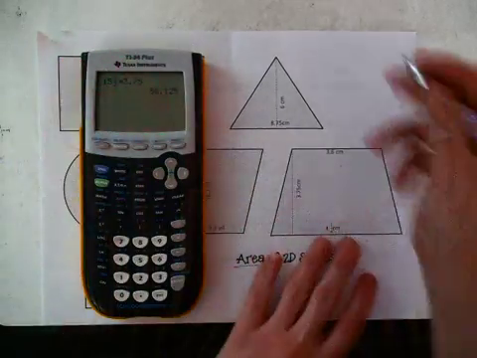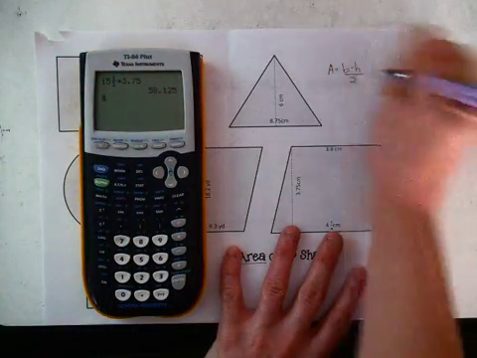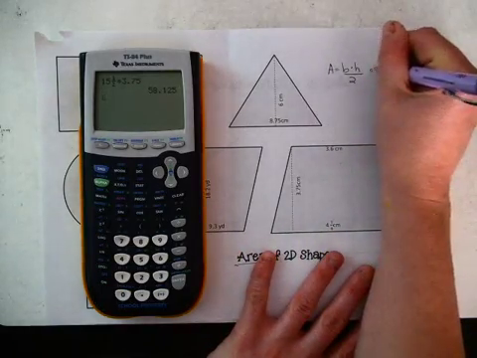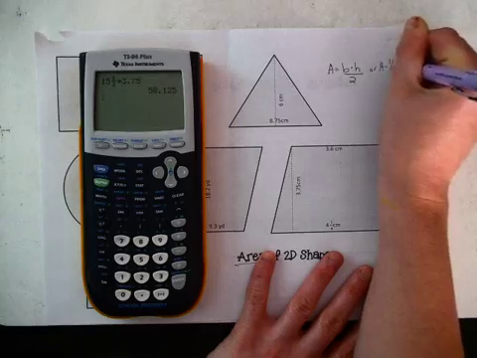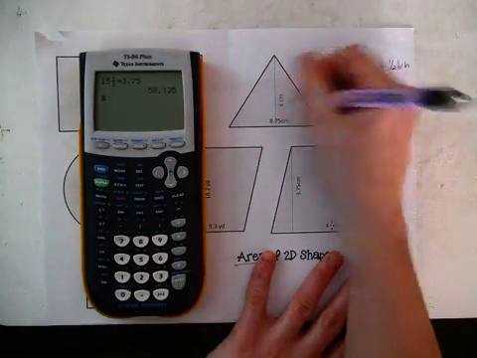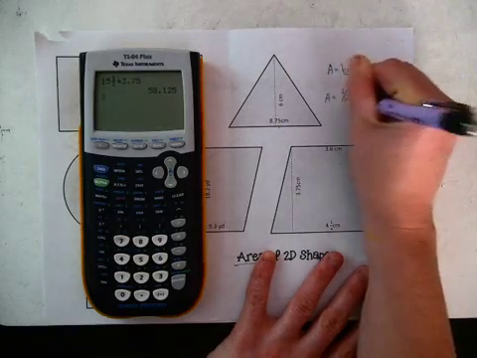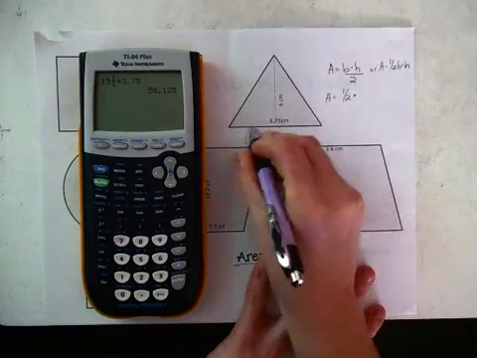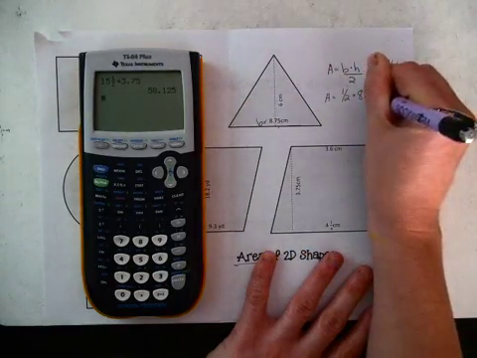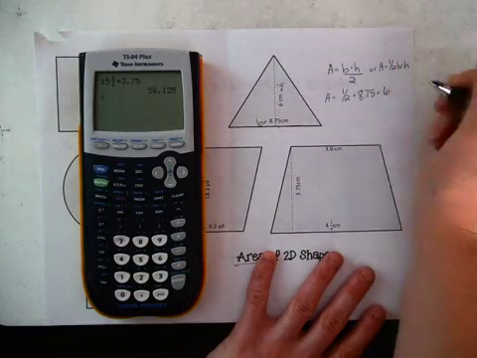Now I'm going to do a triangle. A equals base times height divided by 2, or you can do A equals 1/2 base times height. Both work. So A equals 1/2 times the base, 8.75, times the height, 6.